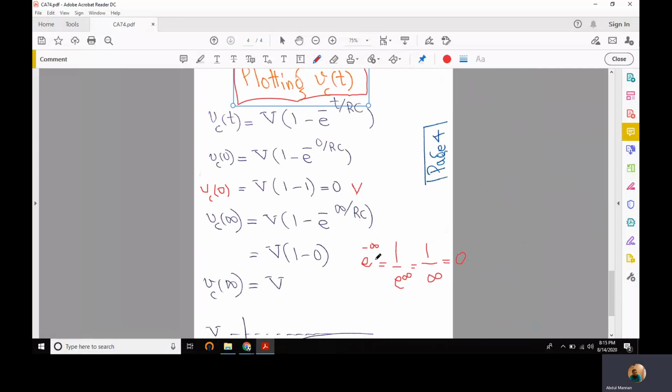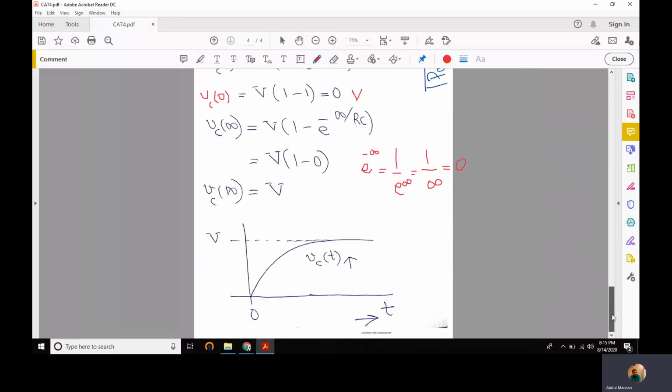Therefore e to the minus infinity is a 0, so it comes out to be V. So after a very long time, the capacitor charges to a value equal to the supplied voltage. This is Vc of t plotted versus t. Initially it is 0, and then the voltage across the capacitor builds up slowly and becomes equal to the supply voltage as time approaches infinity.